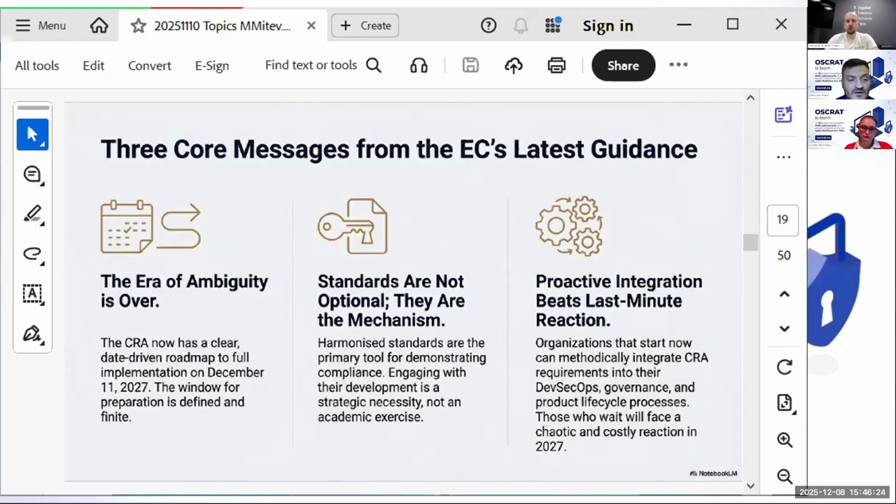Now I will give the floor to my colleague, who will provide you with practical guidance on achieving compliance with these requirements. It's your floor. Okay, thank you, Miron.